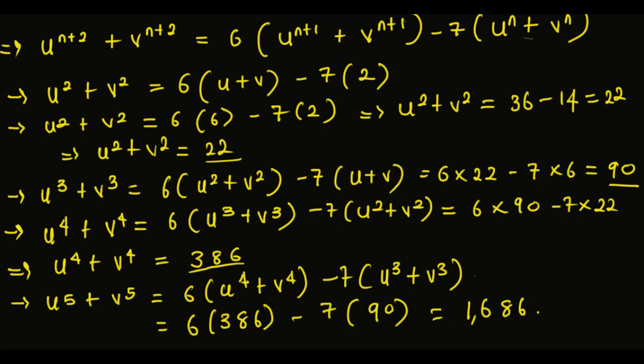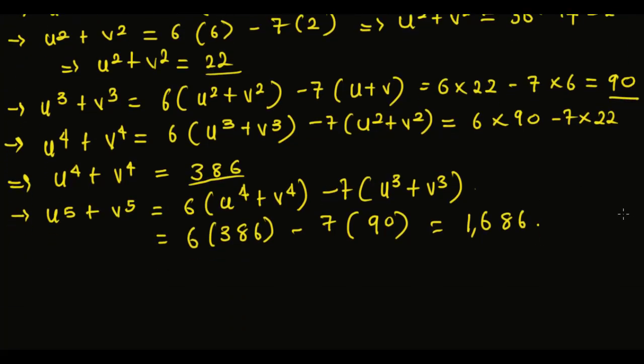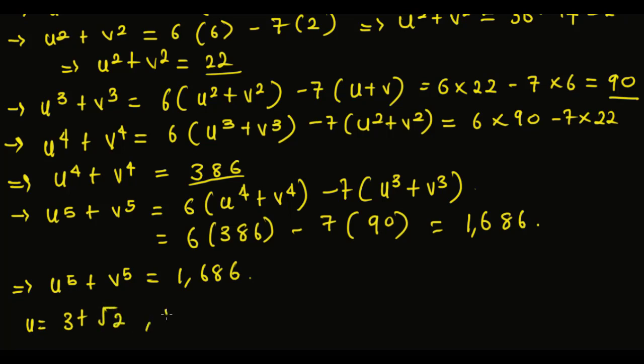So we have that u raised power 5 plus v raised power 5 is equal to 1686. So remember we said that u is equal to 3 plus root 2, and then v is equal to 3 minus root 2.